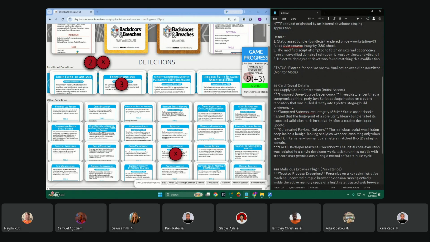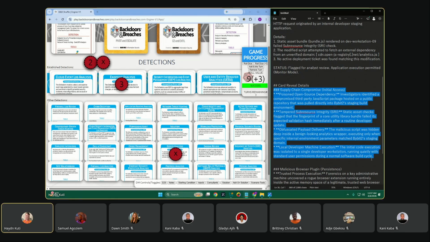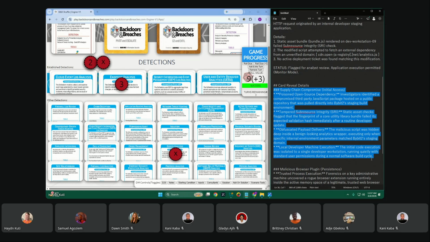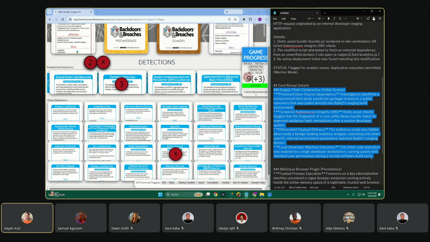All right. So investigators identified a compromised third-party JavaScript package hosted on a public repository that was pulled directly into Bybit2's staging build environment. Static asset checks flagged that the fingerprint of a core utility library bundle failed its expected validation hash immediately after a routine developer update.